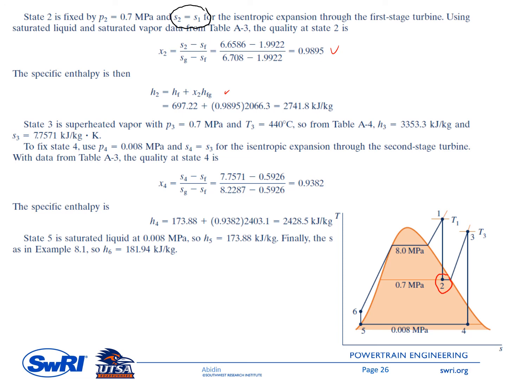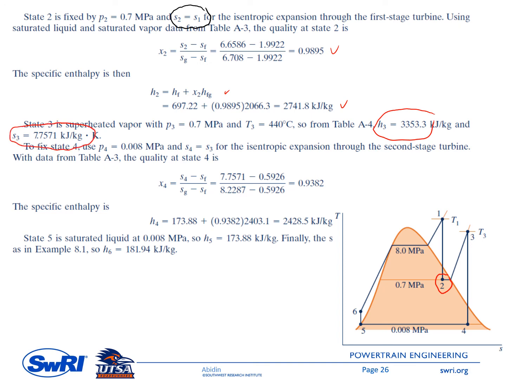Instead of using a calculator to calculate Hg minus Hf, you can use the number in that corresponding column directly, HFG at 0.7 bar. Plug all the numbers into your calculator and you will get H2 is 2741.8 kilojoules per kilogram. Then going to state number 3, temperature is given, pressure is also given, and you can check that state number 3 is superheated. So you need to go back to table A4 and you will get H3 and S3.